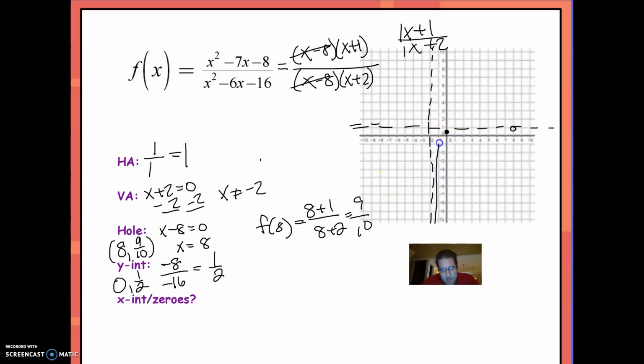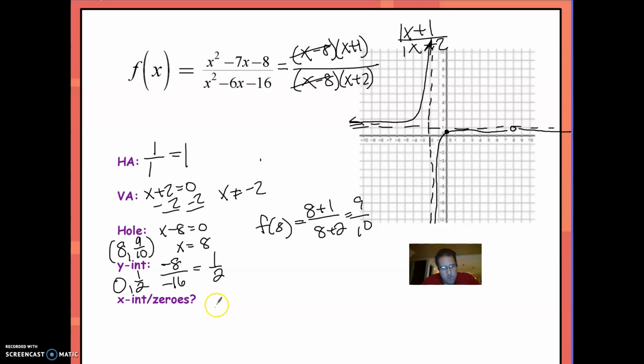So it's going to curve up like this. And I'm going to do the same thing on this side, curve up just like this. And my x-intercepts, well, it is going to hit the x-axis, so what would make the numerator equal to 0?